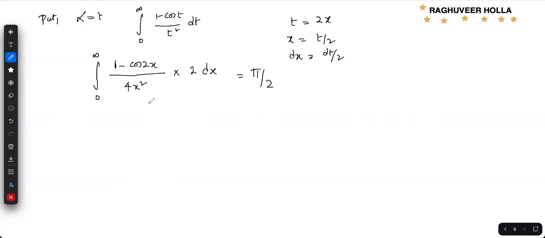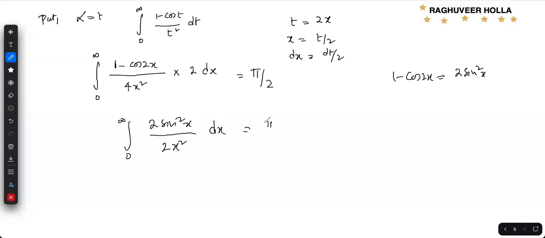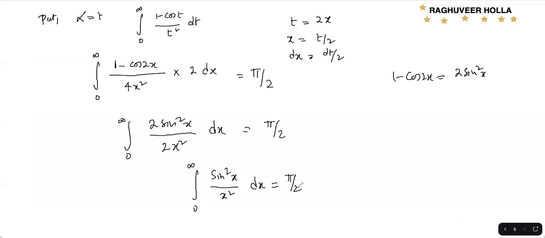Now 1 minus cos 2x we can write as 2 sine square x. So the integral 0 to infinity of 2 sine square x divided by 2x square, this gets cancelled, dx is pi by 2, or we can write 0 to infinity sine square x by x square dx is pi by 2. This is the required result.